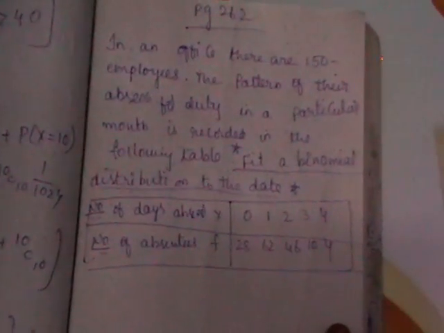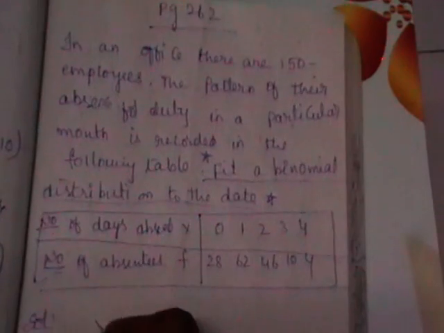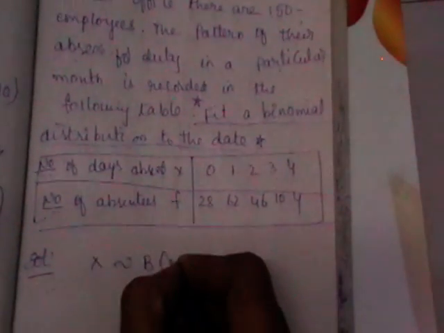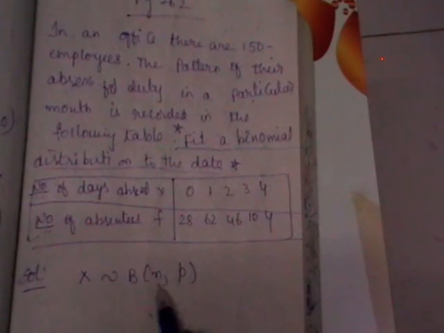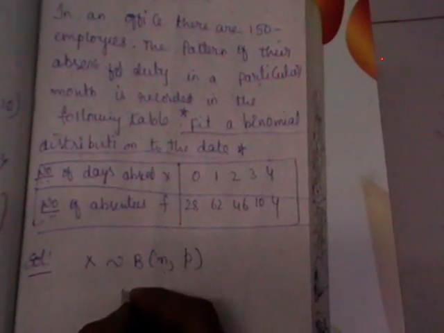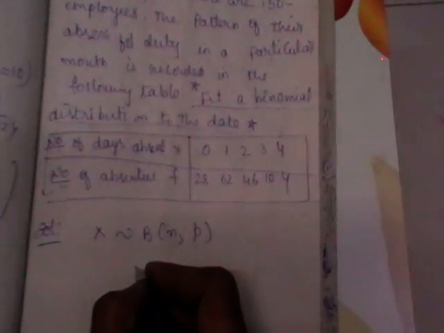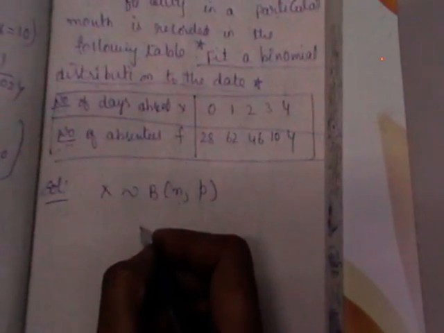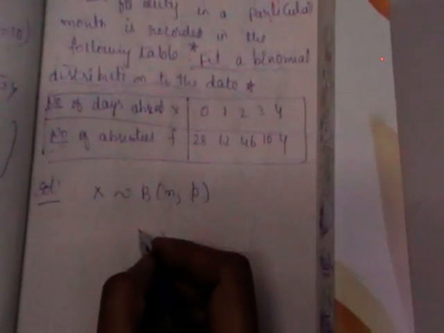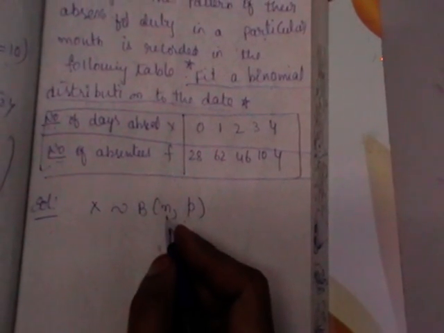Let us see what the major steps are in fitting a binomial distribution. You need to identify that it is fitting of a binomial distribution. You know that we write that as X follows B(n, p). Now, I said you should identify p and q for the distribution, as in the previous problems. But here, you cannot calculate p like the previous one.